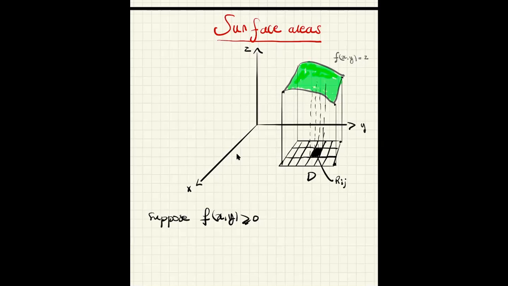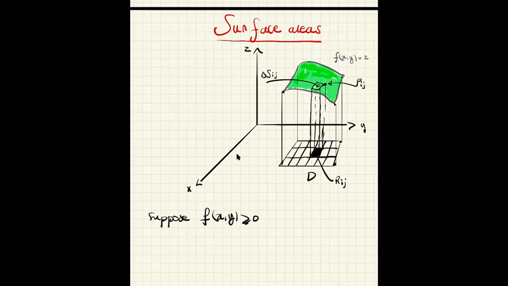This will be some curved rectangle, I would say. We'll call this one here delta S_ij.